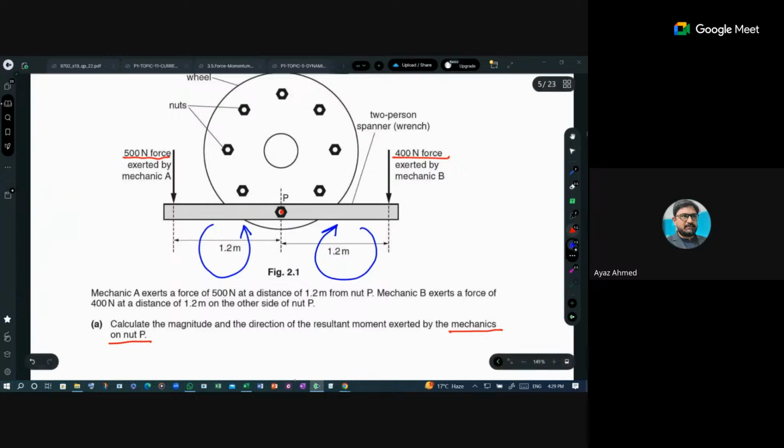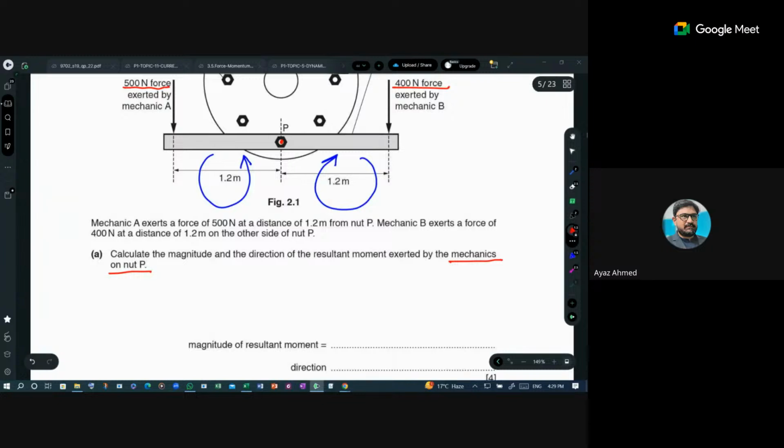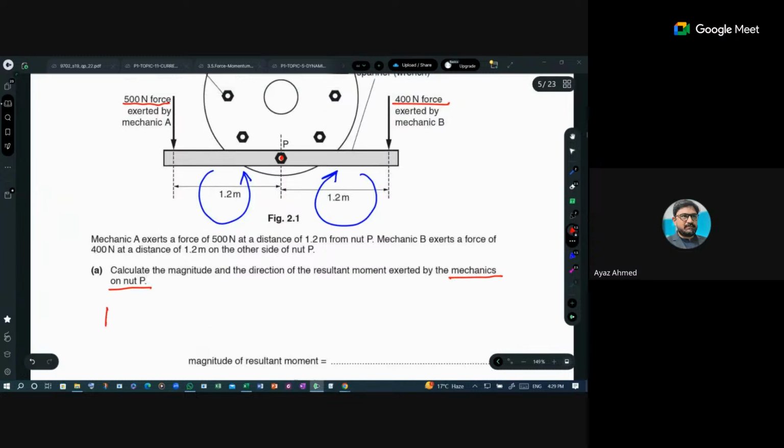That's why they are opposing each other, and the net moment is the difference of both. So net moment is equal to F1 d1 minus F2 d2, because they are not in the same direction. If they were in the same direction, you could add them. Is this first step clear to both of you?